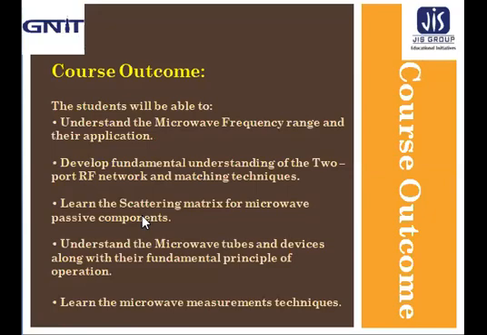Also, they will learn the scattering matrix for microwave passive components. They will understand the microwave tubes and devices along with their fundamental principle of operation, and learn the microwave measurement techniques. All these are the course outcomes of this course.